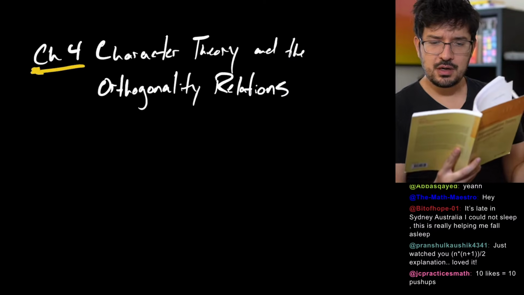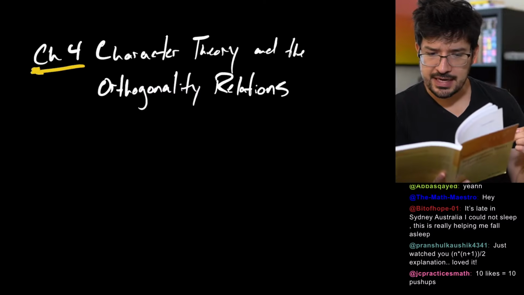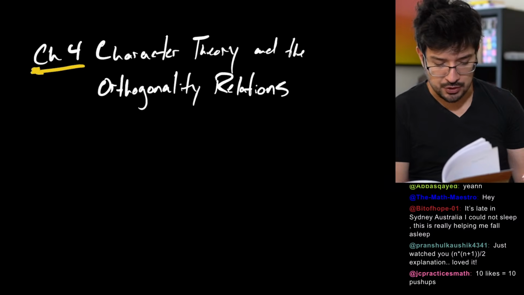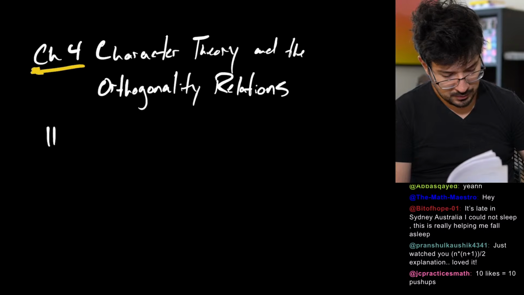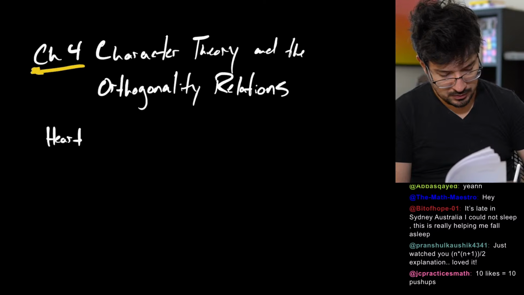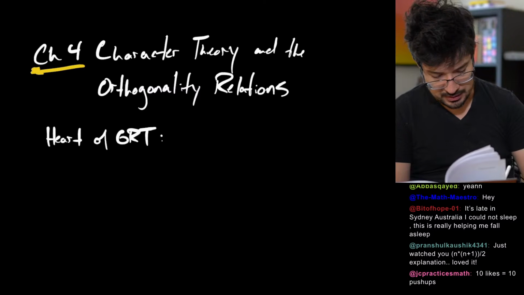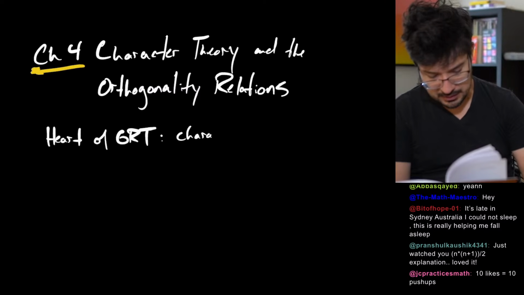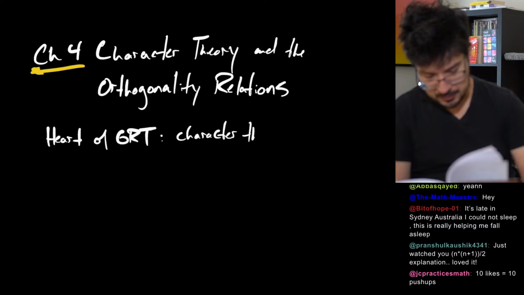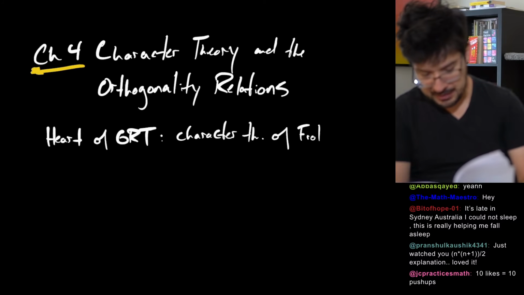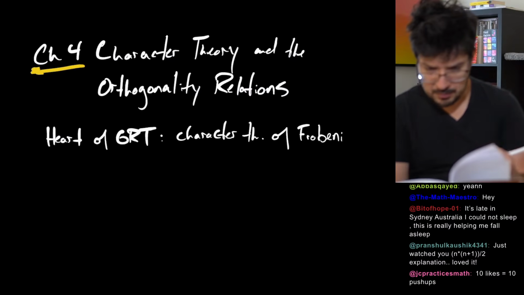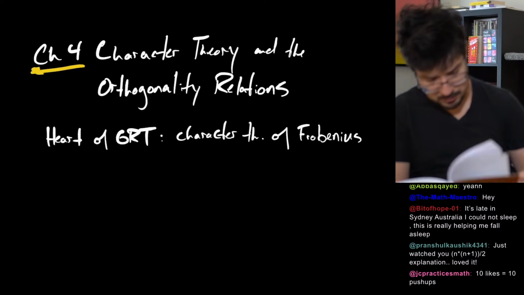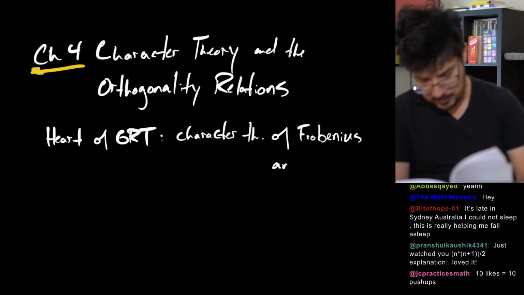This chapter gets to the heart of group representation theory, the character theory of Frobenius and Schur.